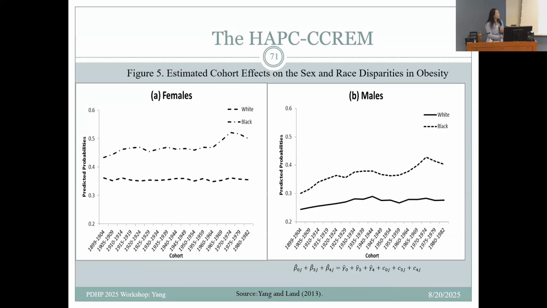But here, it's interesting to inspect the racial gaps in obesity, which turn out to have significant cohort variation, where you see this is white, this is black, for females and males, compared to the upward trend of the period line in the former example, where there should be a flat line.